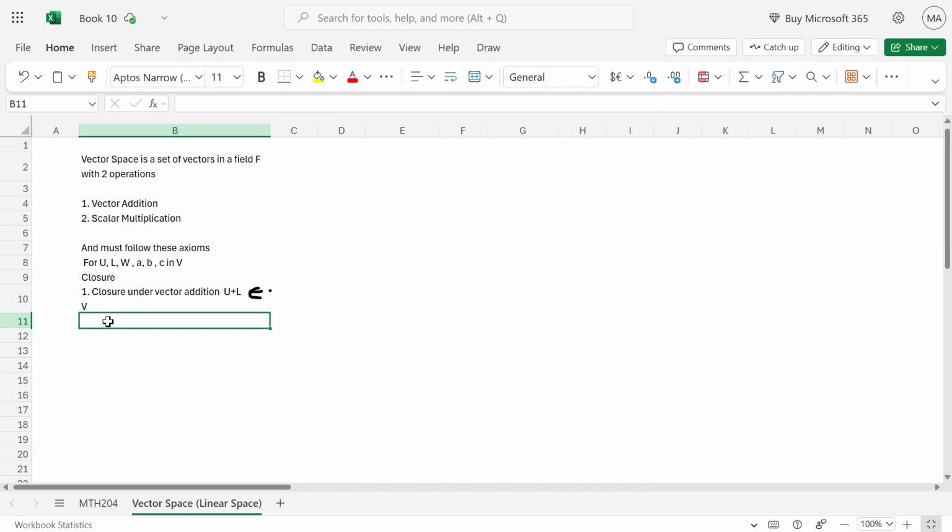Now, number two, we are taking a lot of time already. Closure under scalar multiplication. So we have two closure rules, right?